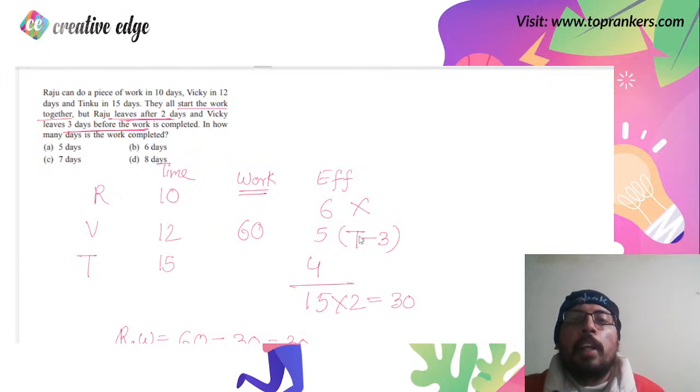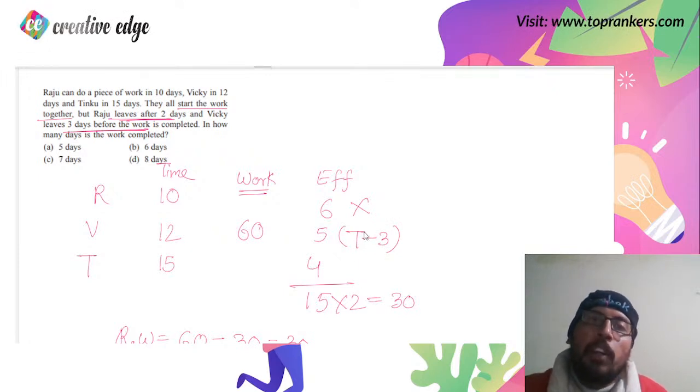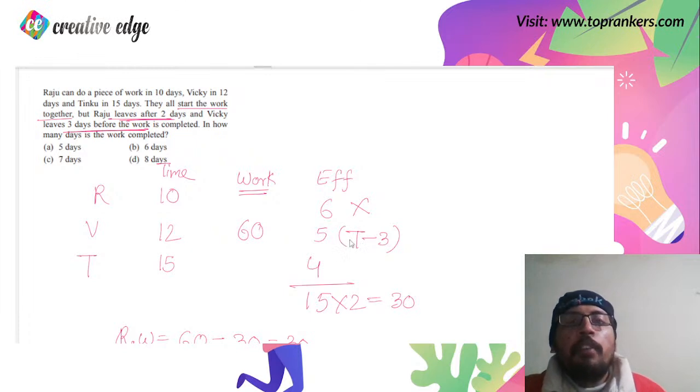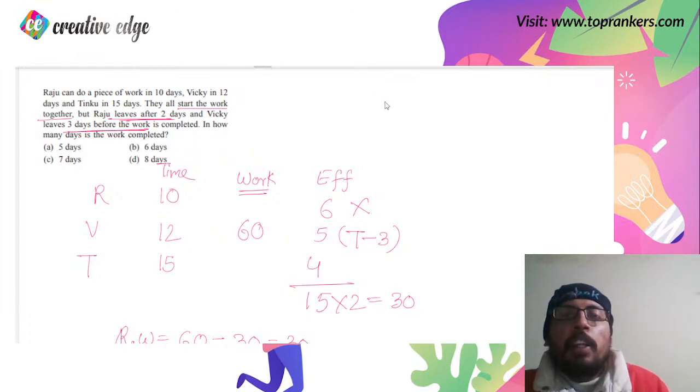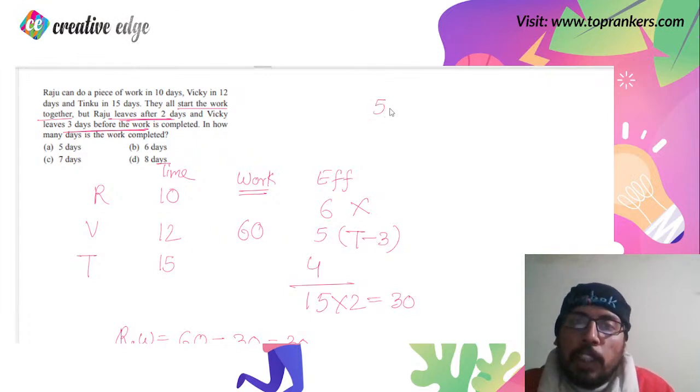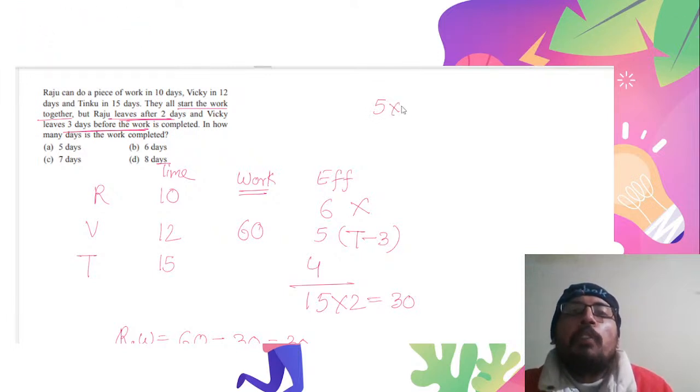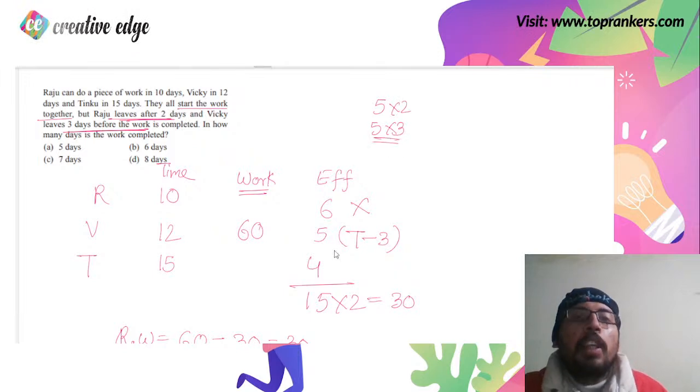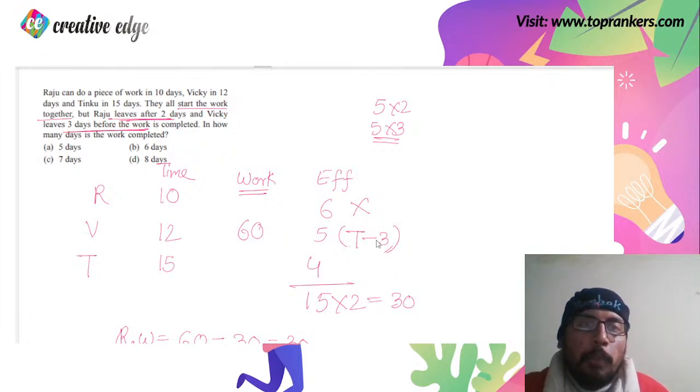That's why I'm multiplying the work Vicky did, 5 into t minus 3. If Vicky does 5 units of work in a day, in 2 days he does 5 into 2, in 3 days 5 into 3. Similarly, if he works for t minus 3 days, the total work done by Vicky after Raju left is 5 into t minus 3.